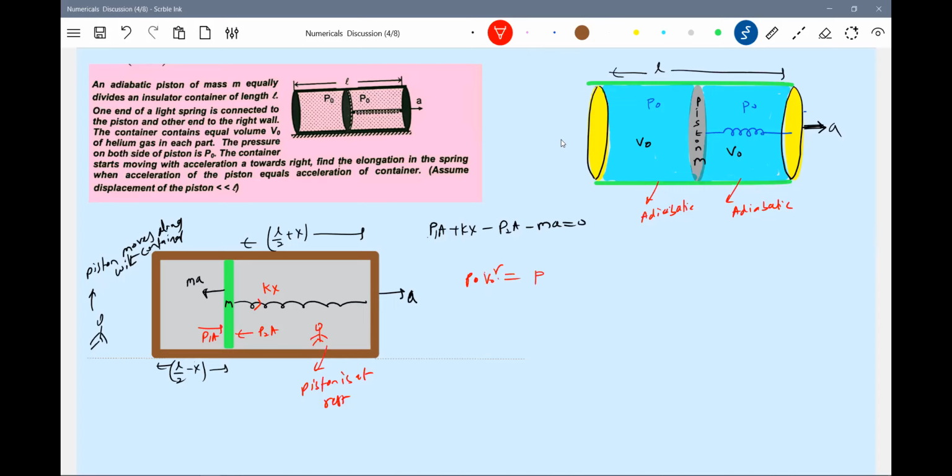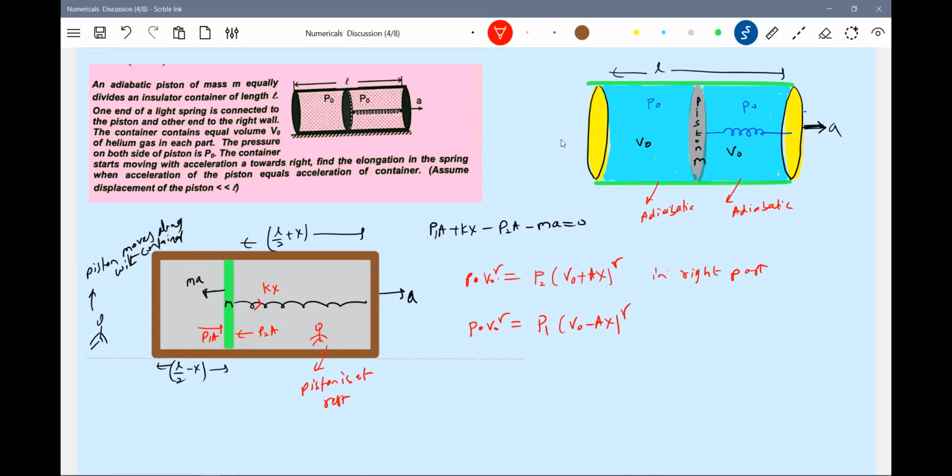The final pressure will be P2. Shall we write this as V naught plus AX to the power gamma? This is in the left part; in the right part, P naught V naught gamma equals P1 times V naught minus AX gamma. Take V naught common.